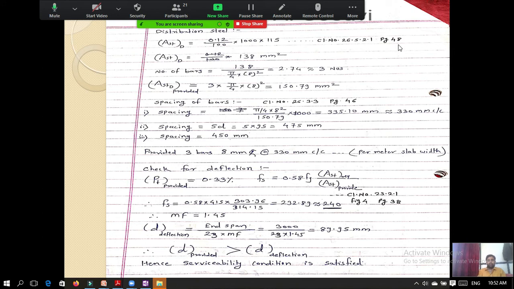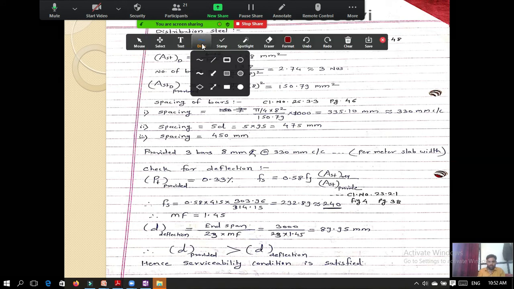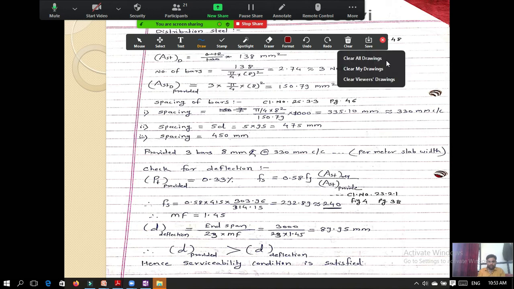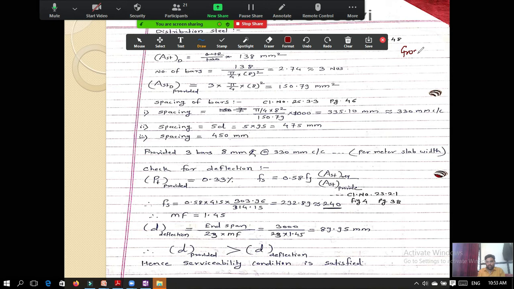I have already shown you how to take that, because in our problem Fe415 is given. So for Fe415 we have to take 0.12%. So 0.12 by 100 into B into D. Here you need to use the full depth, because in the clause it is for gross cross-sectional area, gross area or total area.